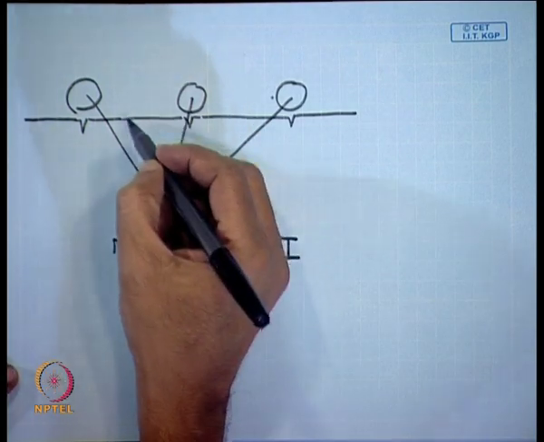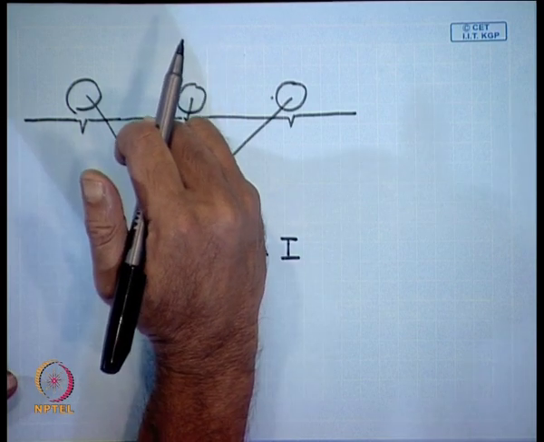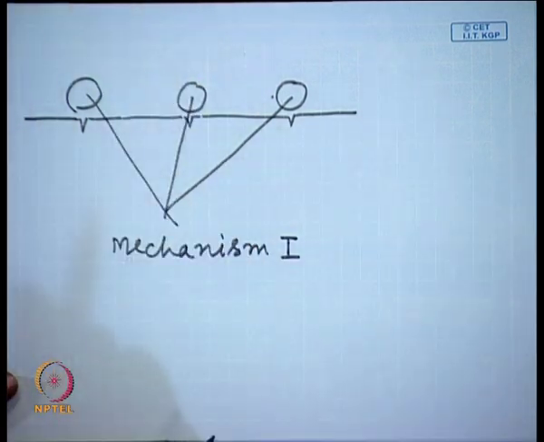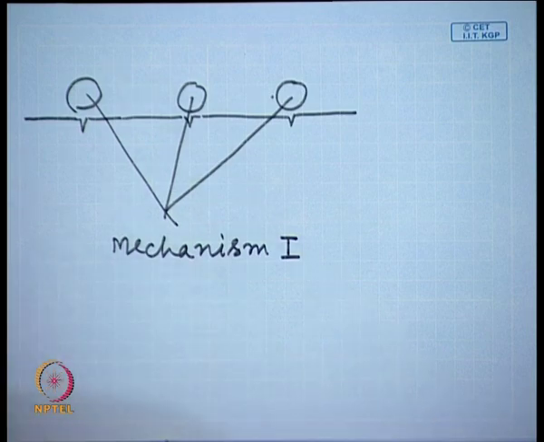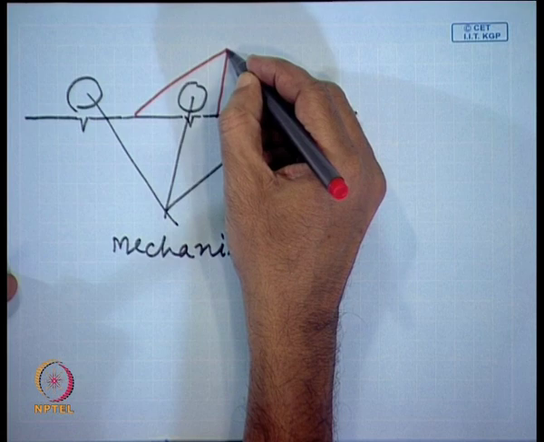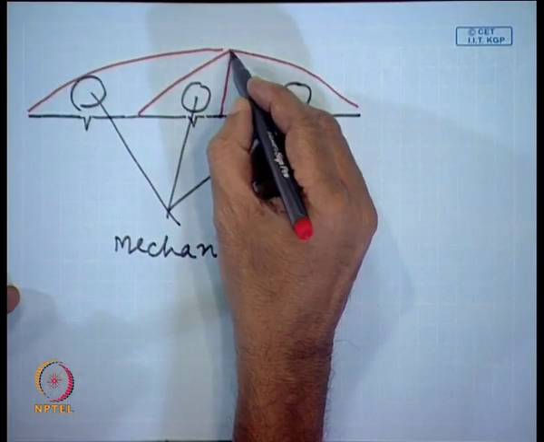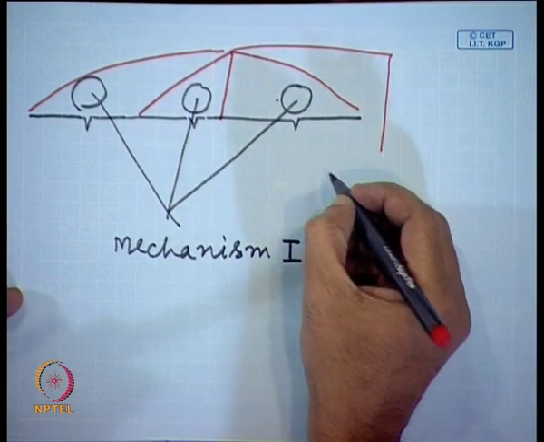But between the bubbles there are spaces where also the hot surface is in contact with fluid. So, there will be some other mechanism of heat transfer which we are not bothering at all. So, this we can call mechanism 2.